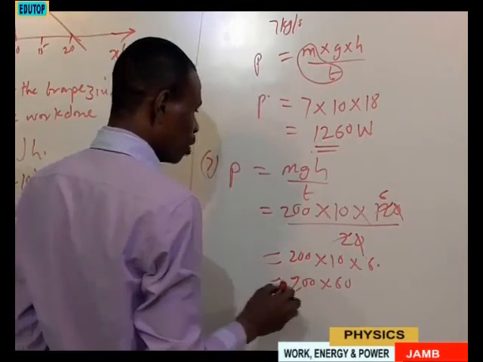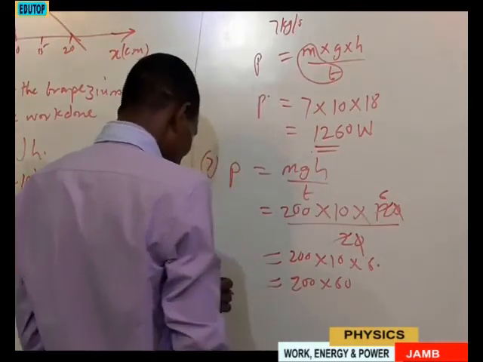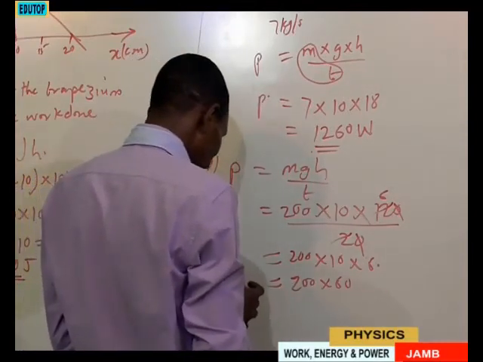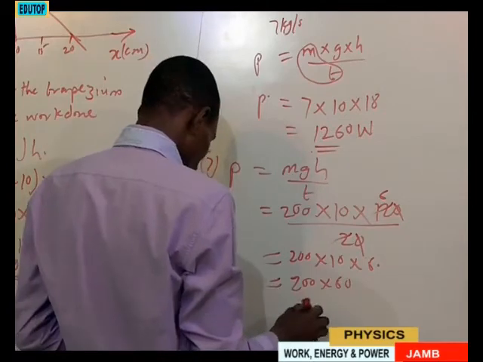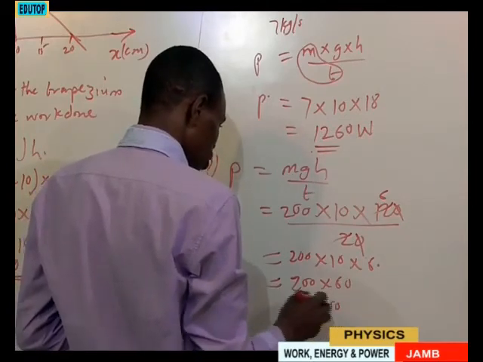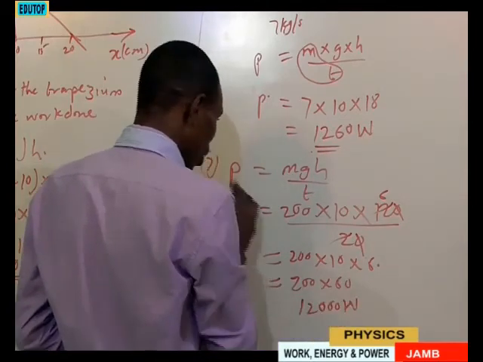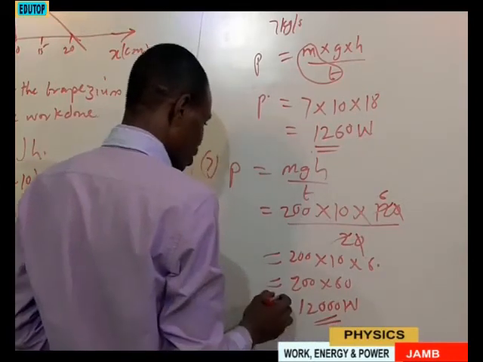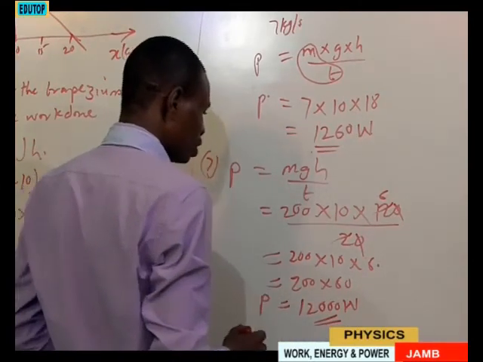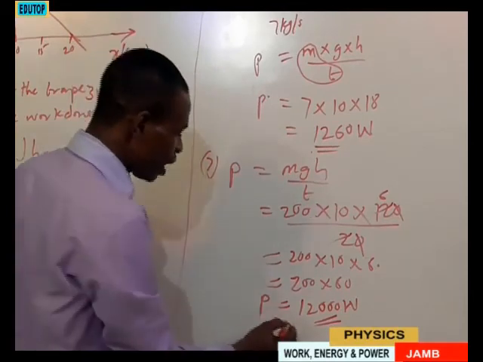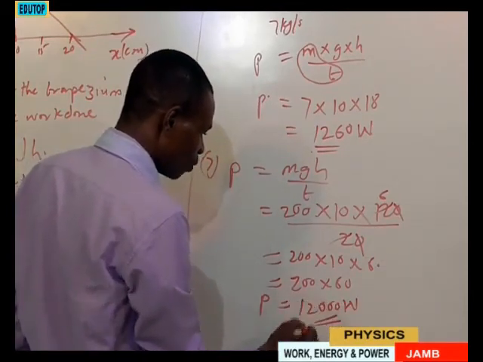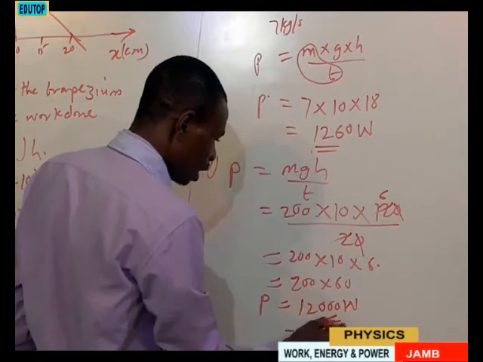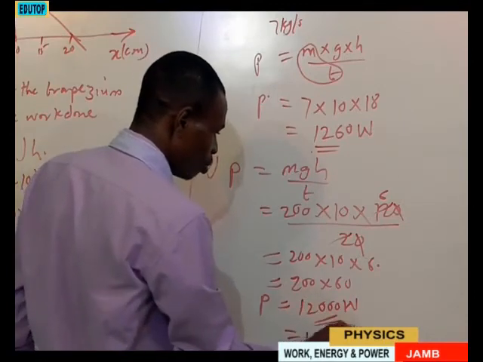And 200 times 60, if we try to go through that, we are going to have 12,000 watts. We are looking for power, watts. So the power is 12,000. And if you like, you can take it to 1, 2, 3, 4. 1.2 times 10 to the power 4 watts.